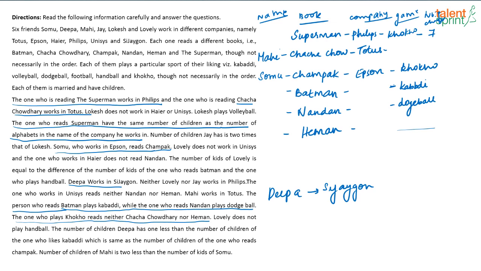Look at this information. Lovely does not work in Unisys, and the one who works in Hair does not read Nandan. So where should Hair be? Hair should be either this or this.